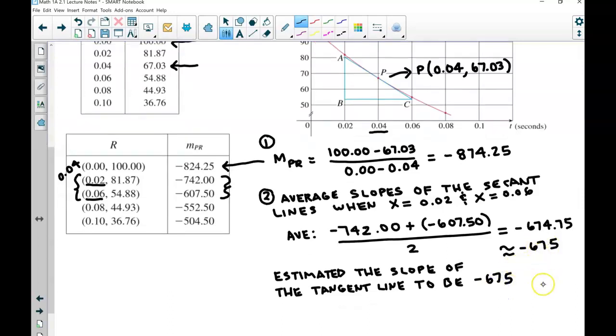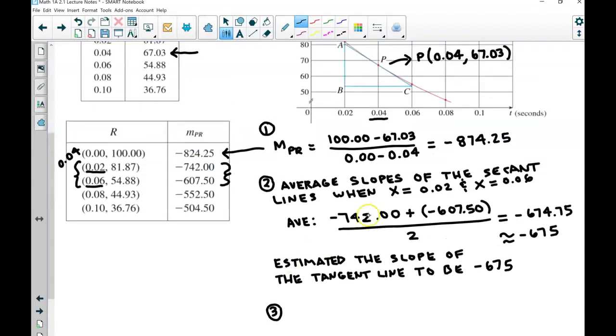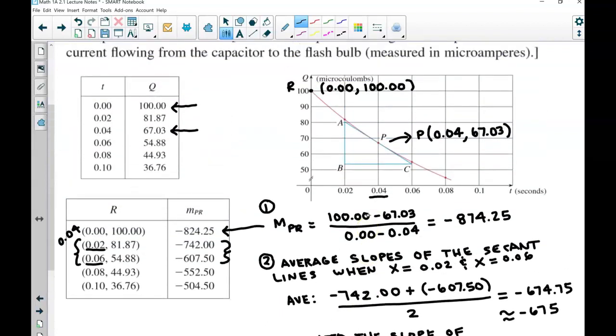Okay. Now, another method that we can do is by drawing an approximation to the tangent line at P and measuring the sides of the triangle ABC. So here we create a triangle, right? Okay, and so remember that the tangent is equal to the value of what?